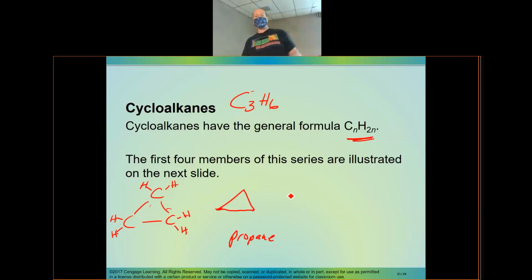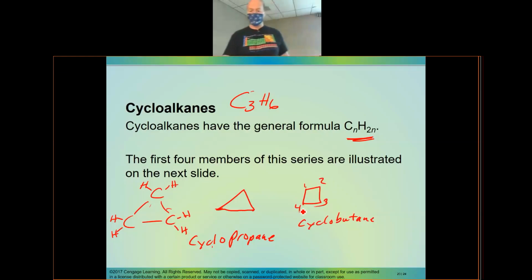This is in a ring, which we call cyclo, and so this is called cyclopropane. And of course, if you're going to name a square, the name is not square, it is cyclobutane, because you have 1, 2, 3, 4 carbons.